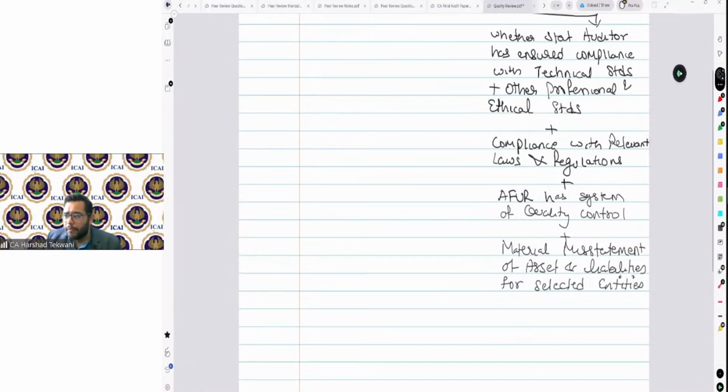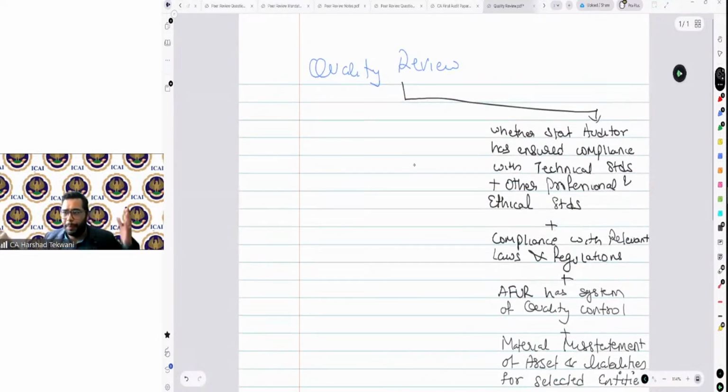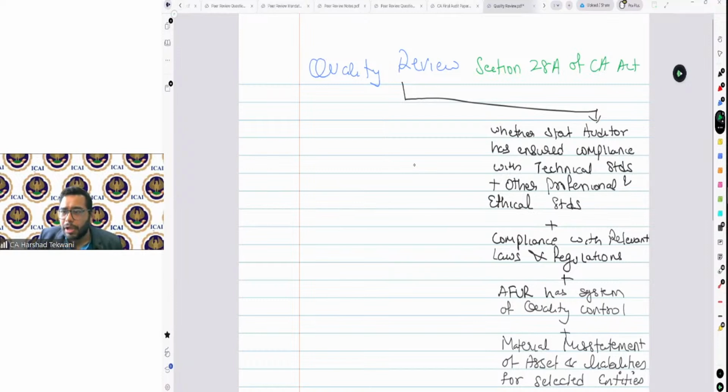Now the question is, from where is the quality review coming? What is the base of quality review? Like we know peer review is coming from the Peer Review Guidelines 2022, what is the base of quality review? The quality review is coming from Section 28A of the Chartered Accountants Act, which talks about how the central government, by notification, will constitute a quality review board, an independent board.